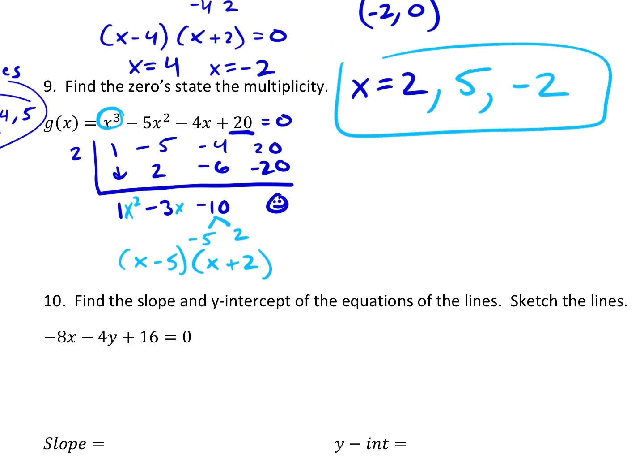So these would be our zeros or our solutions. At each one of these points, the multiplicity is how many times you have that number as your answer. Each one of these are different. We don't have anything that repeats, so these would all have a multiplicity of 1.